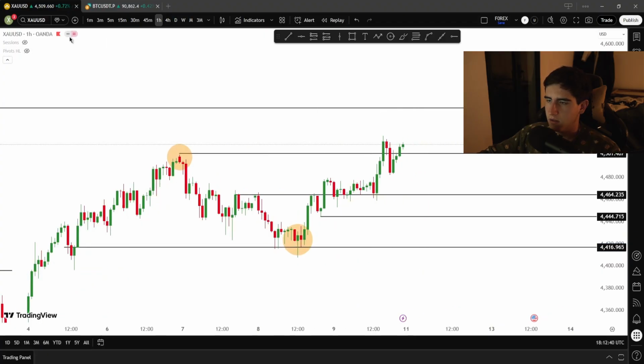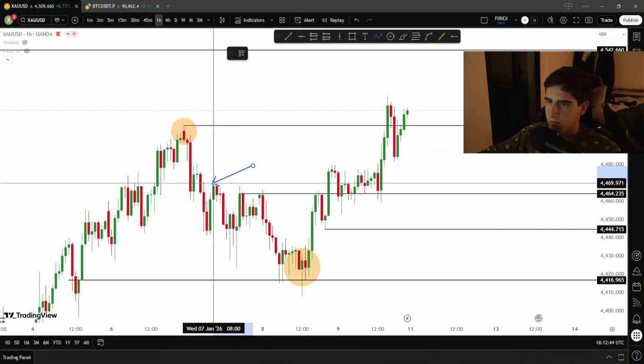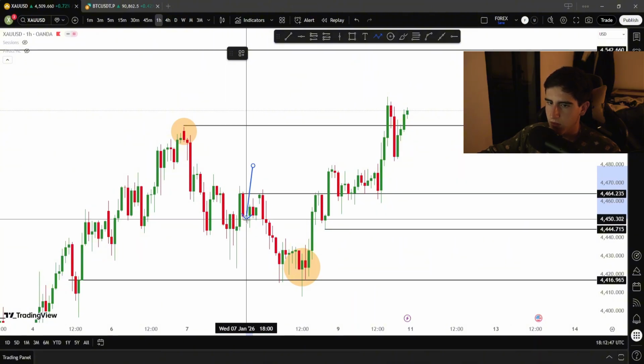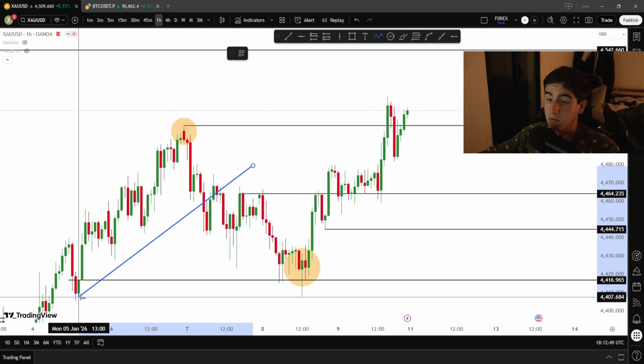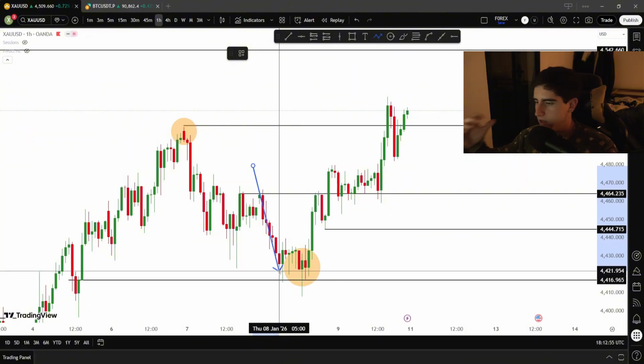Here we can see that we have sellers pushing price down, but here we see that we have buyers pushing price up, right? And these are the most common zones that you want to mark up on your charts: resistance levels and support levels.